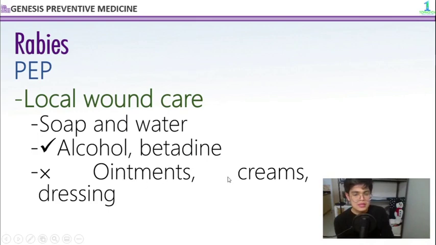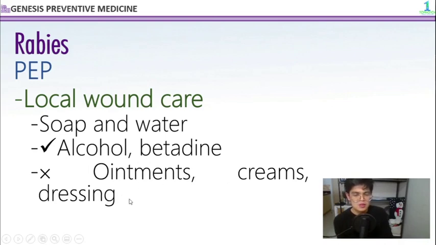But ointments and creams, for example, are not recommended for bite wounds that potentially have rabies because this will favor bacterial infection and secondarily the viral inoculation.